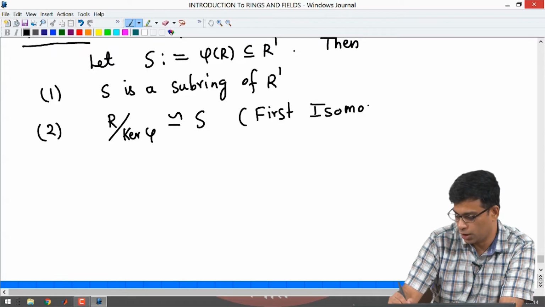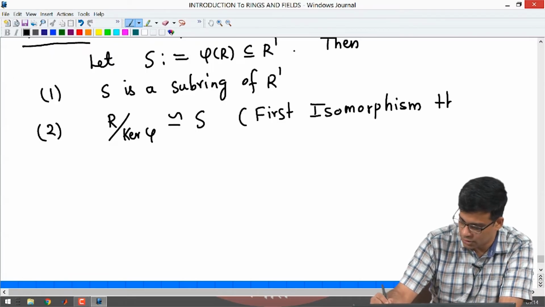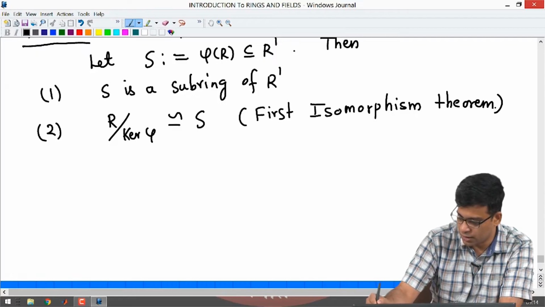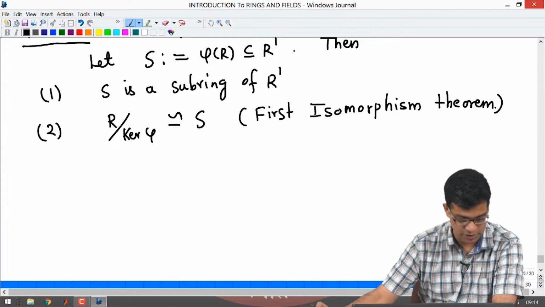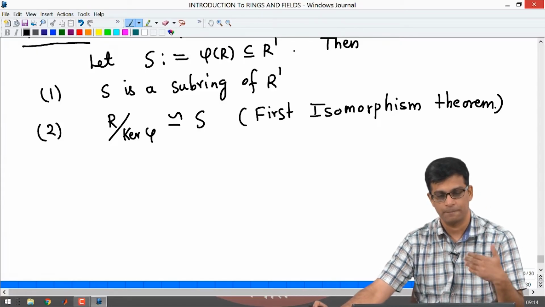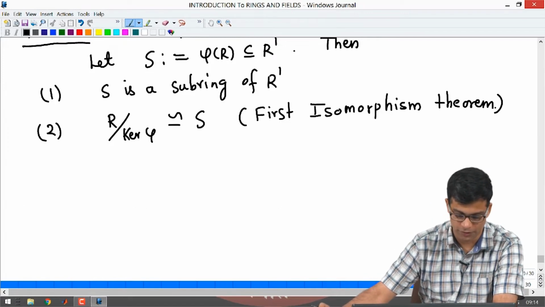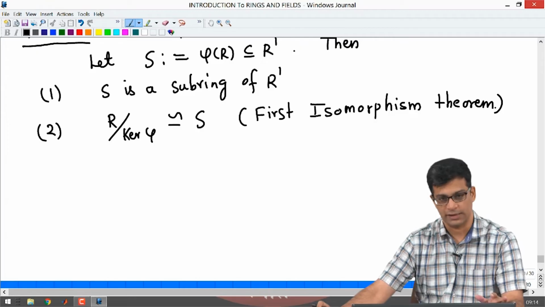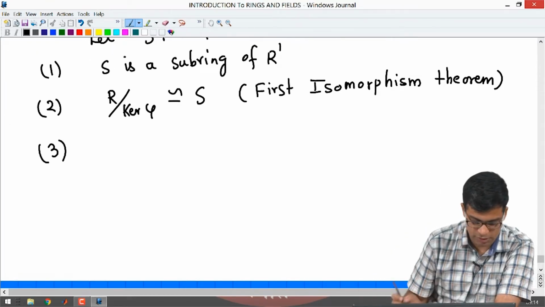You may have learned that in group theory there are first, second and third isomorphism theorems. Similarly, in ring theory also we have them, and this is the first isomorphism theorem. If you have a ring homomorphism, the image is isomorphic as a ring to R mod kernel of that homomorphism. We already know by 1 that S is a ring, so we can make this statement.